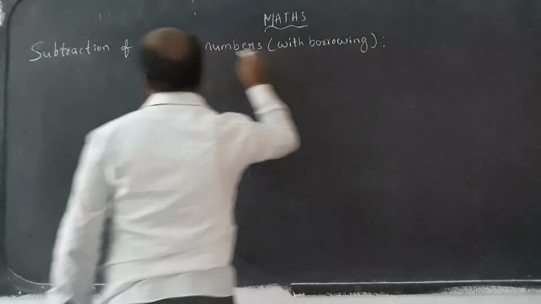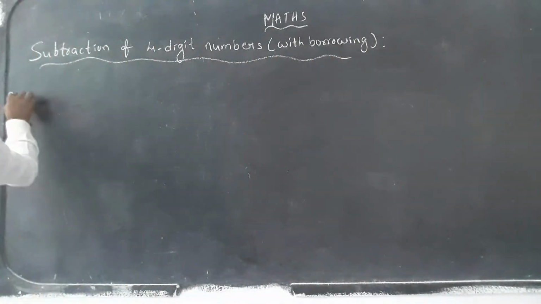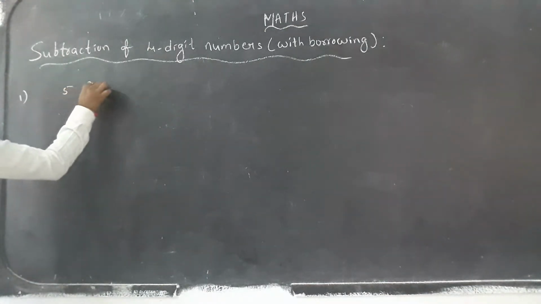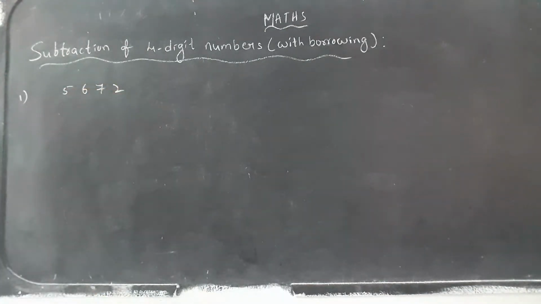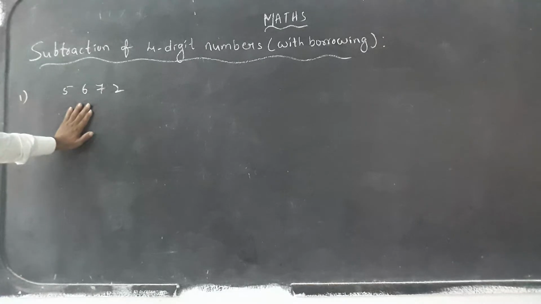Okay, children, see here. For example, 5672. This is a 4-digit number.